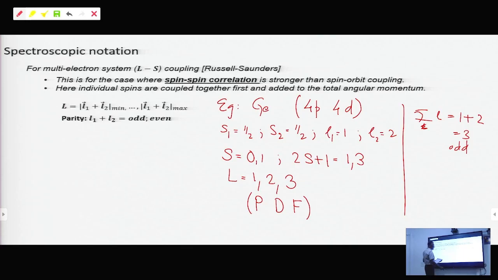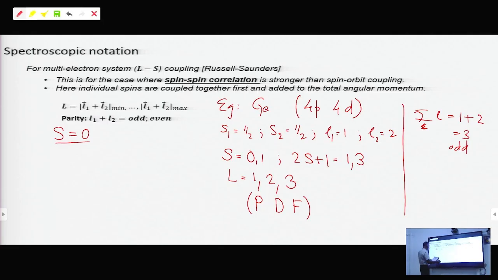Now, in the singlet case, S is equal to 0, and you can combine it with L, so it is 1, 2, 3. The same as what we just did, right?